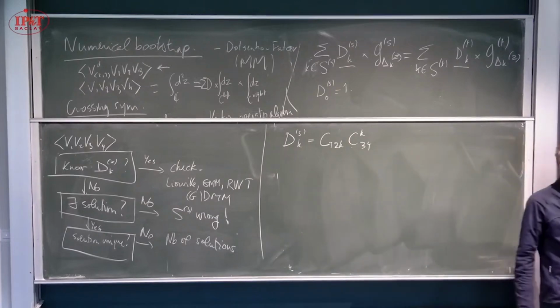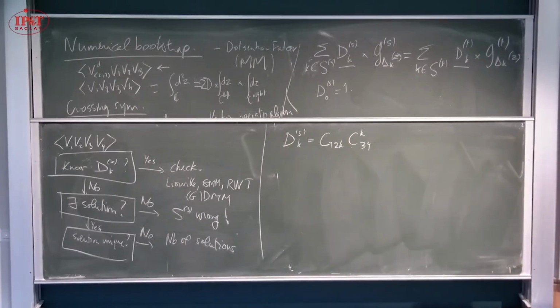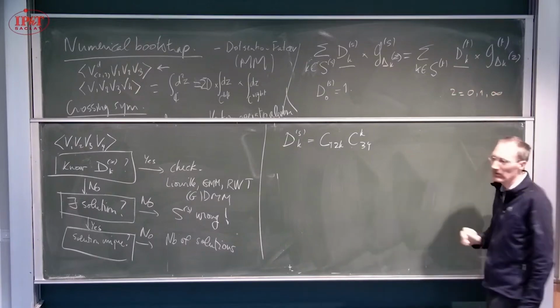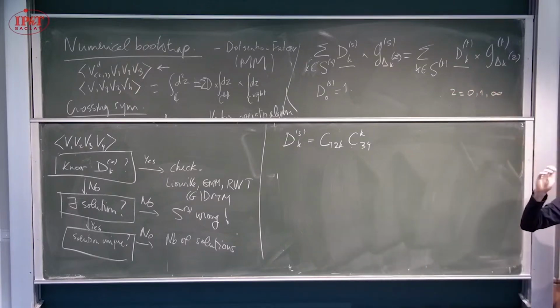Sorry, for which values of Z do the series converge on both sides? So do you have an a priori? Right, so no, it should converge for any value of Z, any complex value of Z, except that the blocks become singular, typically when Z equals 0, 1, or infinity, which means when two of the four fields coincide. So you want to stay a bit far from these values.